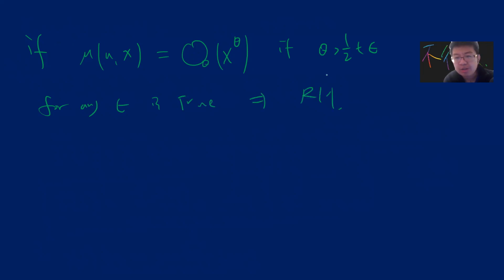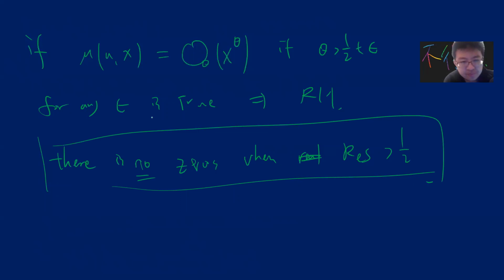Because basically you prove that there are no zeros when the real part of s is greater than half.